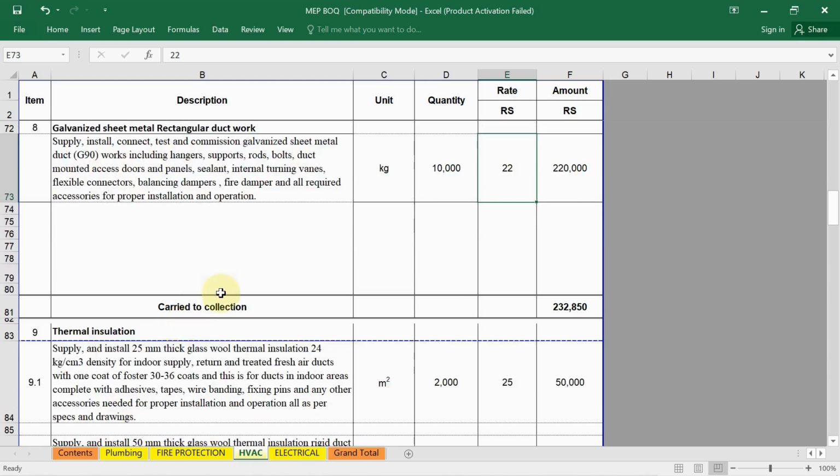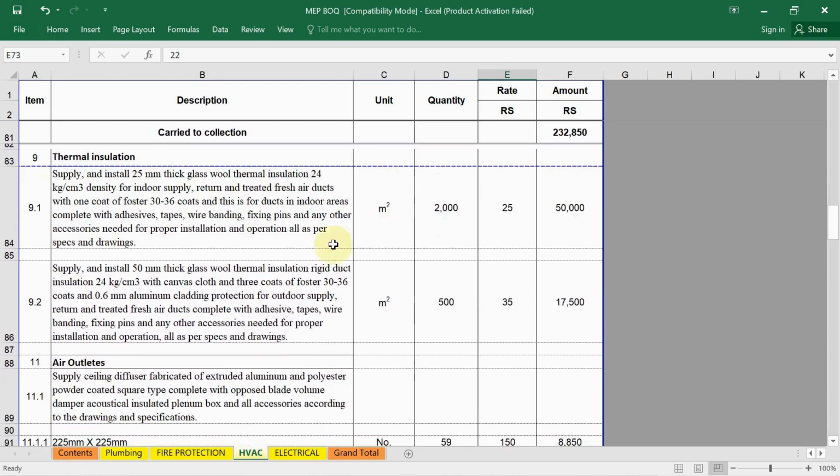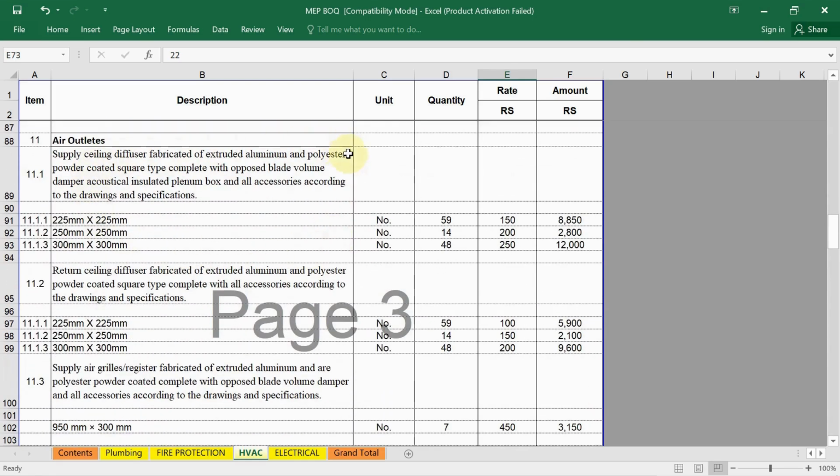Okay, same with thermal insulation and air outlets. See, in your project if you are using supply ceiling diffusers, generally we use different sizes of diffuser as per flow rate. See here in this sheet what I have taken: suppose we are using 225 mm by 225 mm, 59 quantity of diffusers, each unit diffuser rate is given 150, so total amount 59 into 150, you will get the total cost.